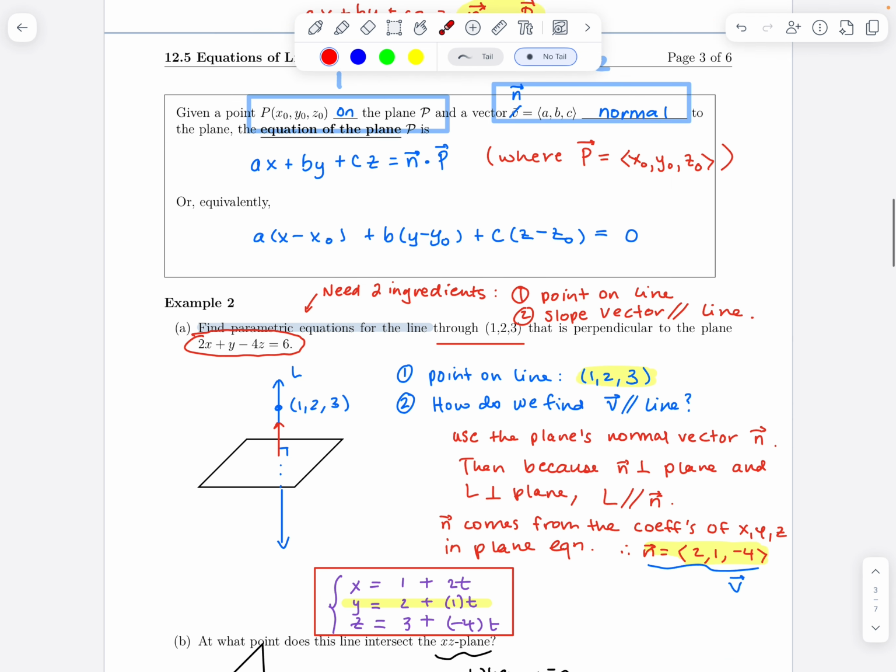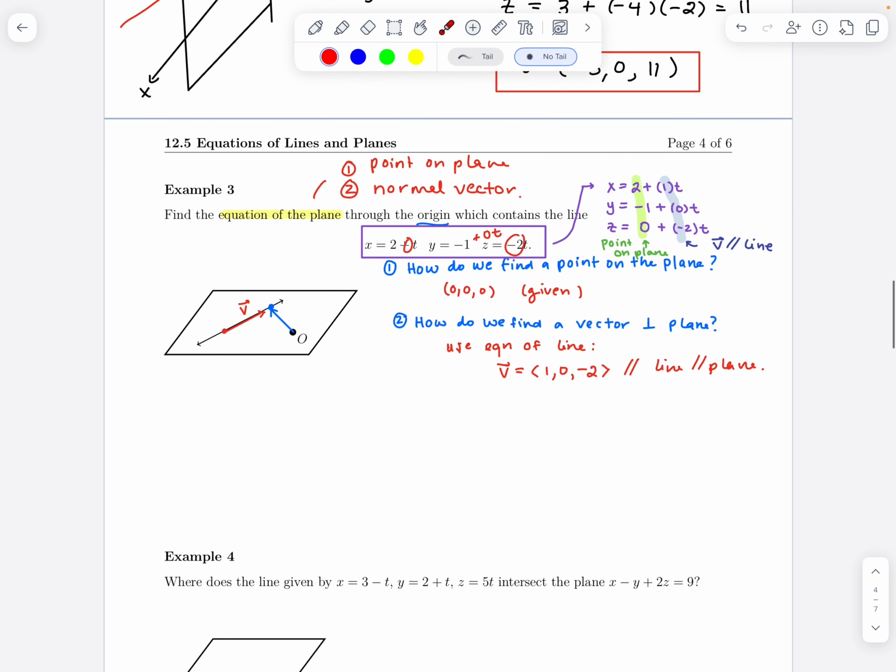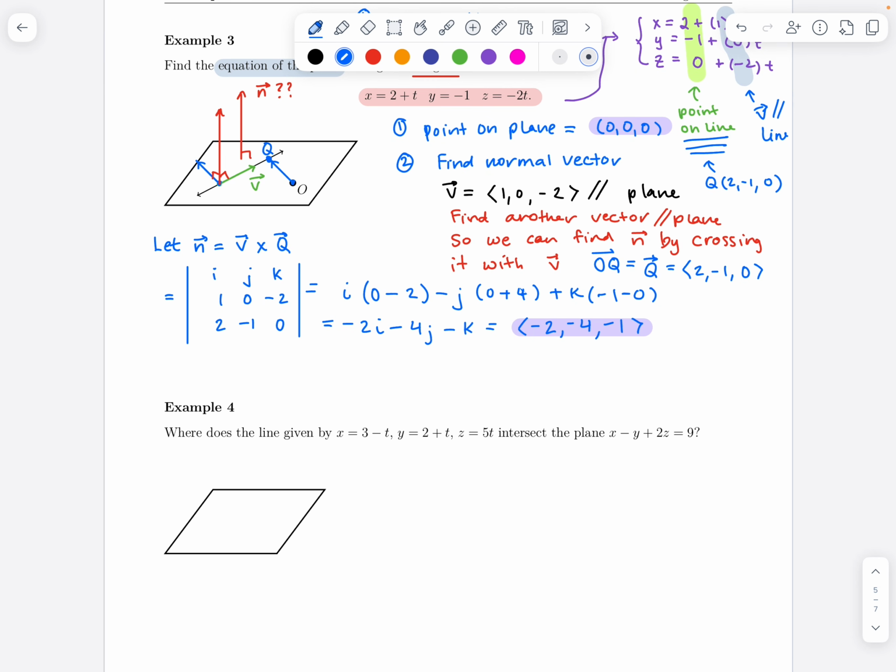We can use any point on the plane to do that dot product. So I'm going to do negative 2 times x minus 4 times y minus z, because my entries are negative 2, negative 4, and negative 1, so that's where these coefficients are coming from.